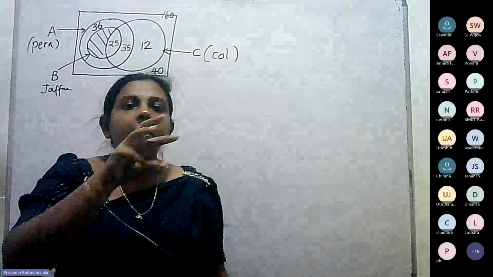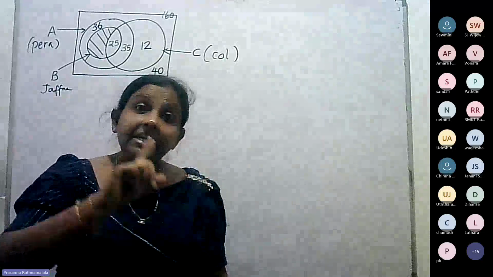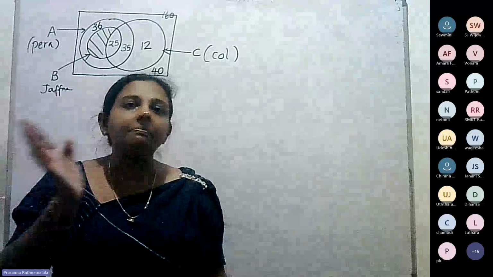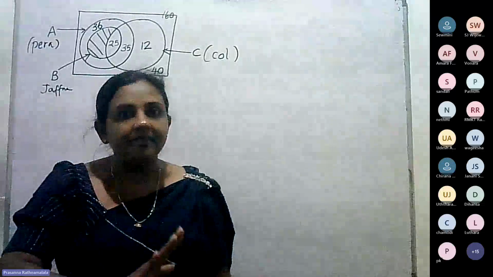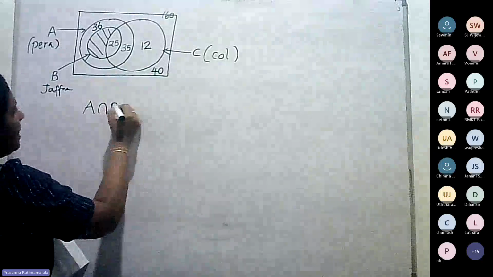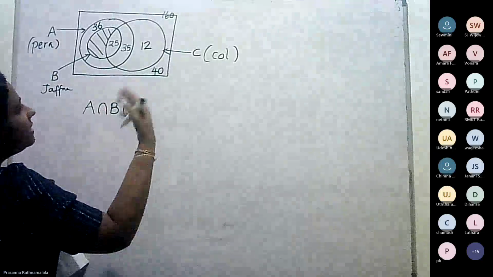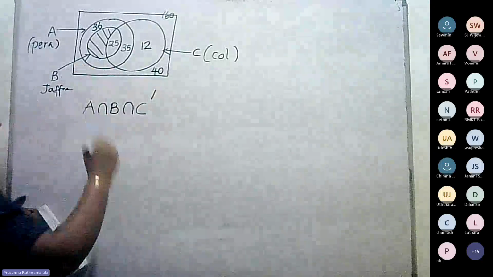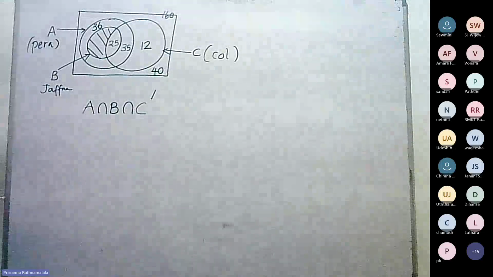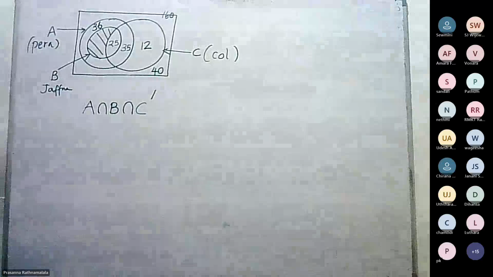It belongs to A and B, but it does not belong to set C. A intersect B intersect C complement. That is the set notation.